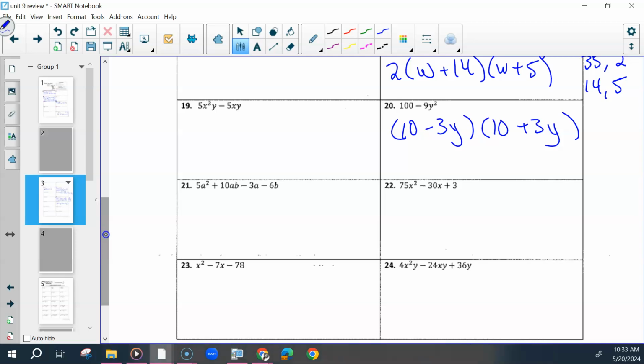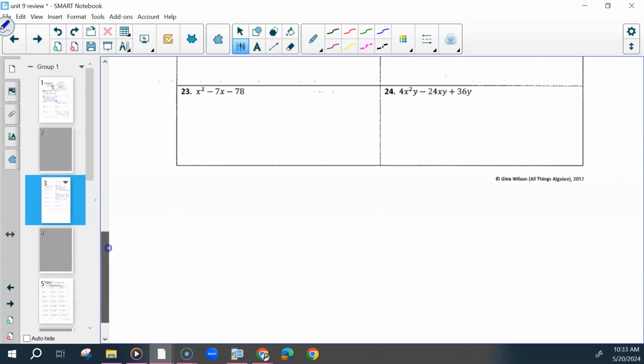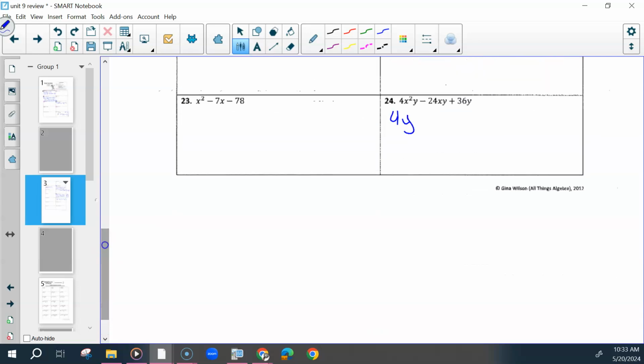24. Does that have a GCF? Or what else? x, y. So does everything have an x? Just y. What would be left? x squared minus 6x plus 9.